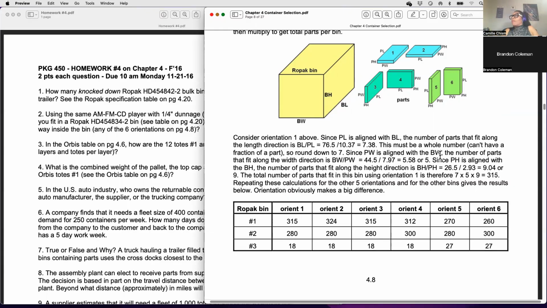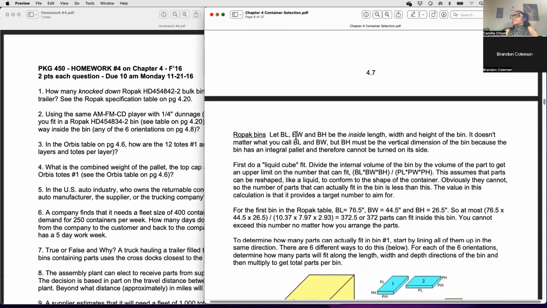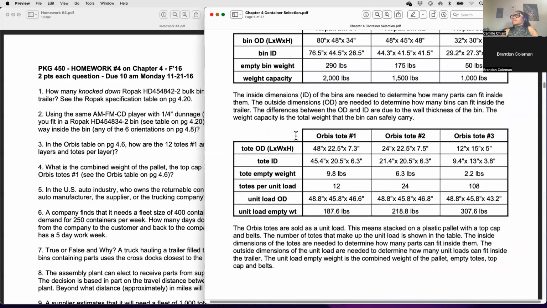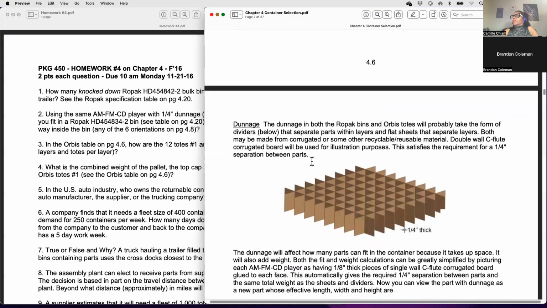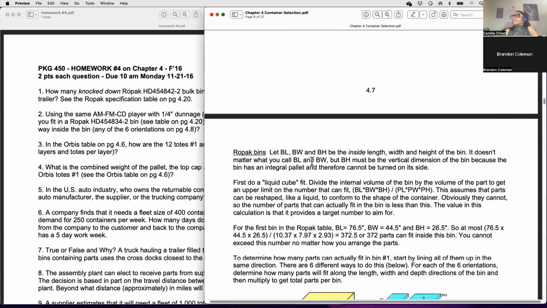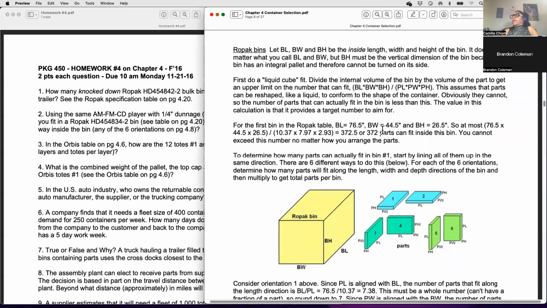So they took the 76.5, which is the length of this bin, and that width is 44.5, and then the height is 26.5.